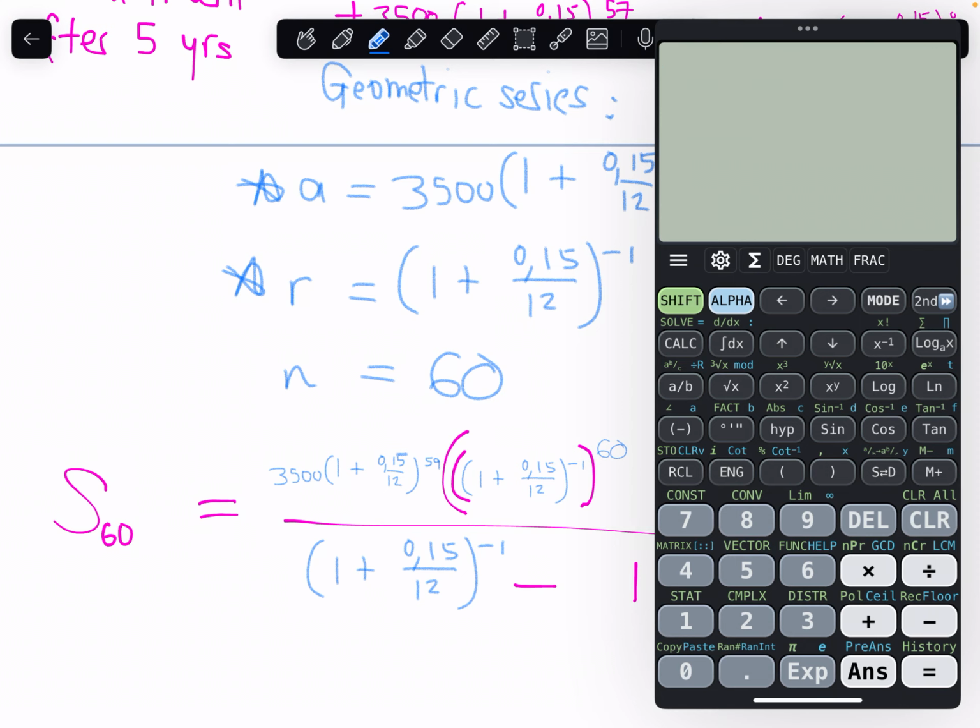Now let's put it into the formula. First we're going to say A times B, which is our r, to the power of n, which is 60. This calculator gets a bit hairy sometimes. It took away my whole thing.